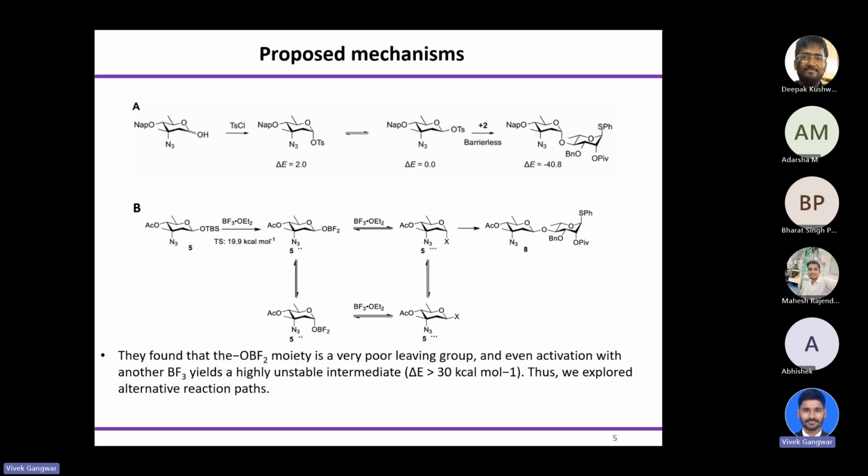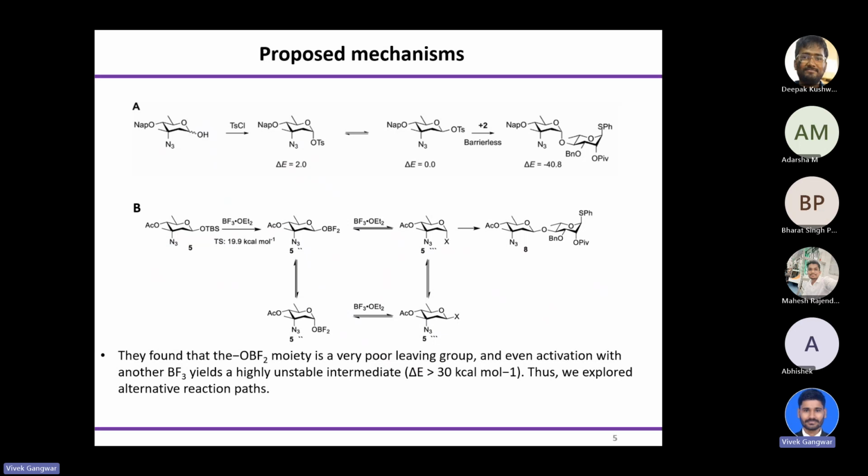This energy is found out using DFT, and the attack of the acceptor is in various less steps, so they are getting beta selectively because this beta is lower in energy compared to alpha, so this reaction goes through the SN2 pathway.